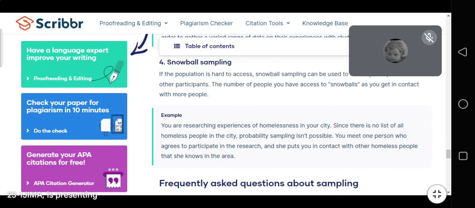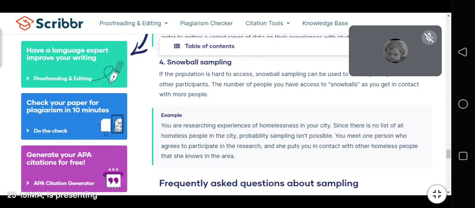Another example is you need to interview or question people who are disabled and at the same time homeless in your city. But again, there is no qualified or available participant that is disabled and homeless. So you ask your friend or another person to participate in your research, and let's say she or he agrees.